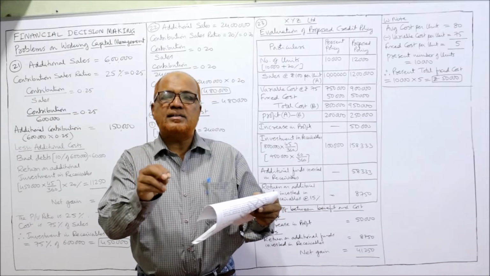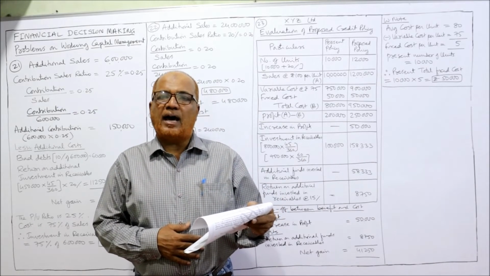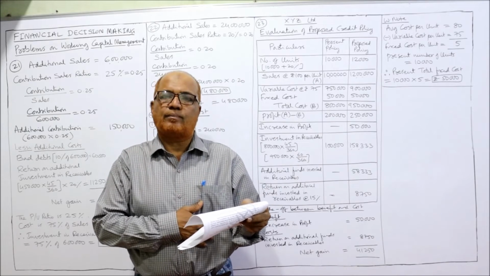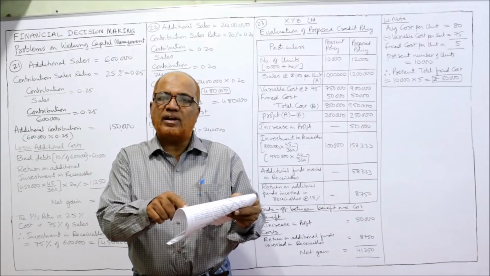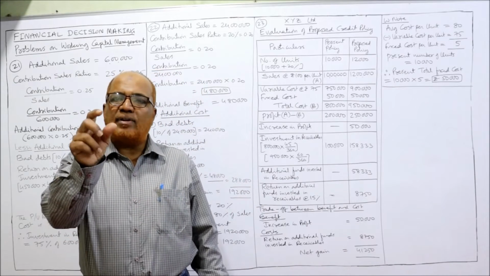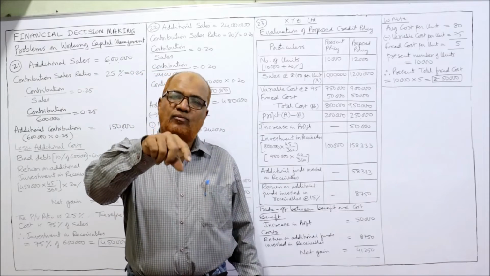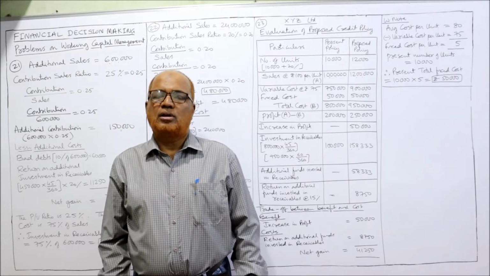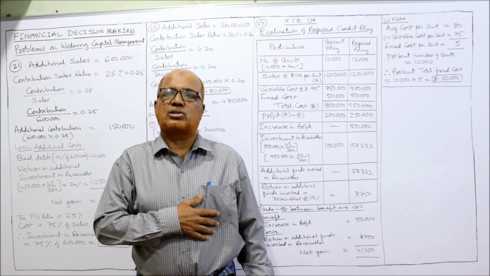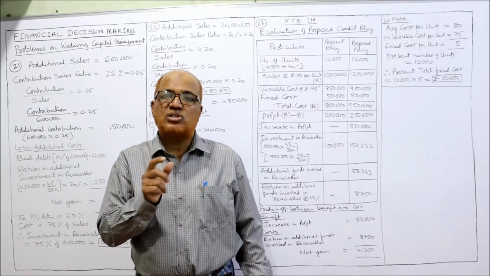Presently the company sells 10,000 units, and the 10,000 units are sold at a selling price of 100 rupees. Now variable cost is 75 rupees, average cost is 80 rupees. Actually average cost includes both variable cost and fixed cost. So from average cost, if you deduct the variable cost, the remaining is the fixed cost.